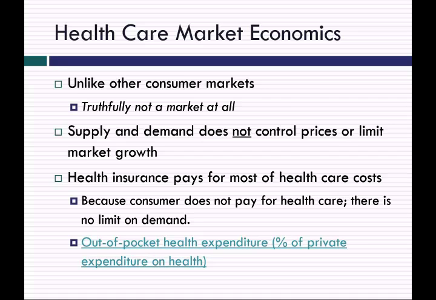So in this next graph, we look at out-of-pocket health expenditures, so what individuals pay for health care. And again, we compare a number of countries in the world, from 1996 to 2014.